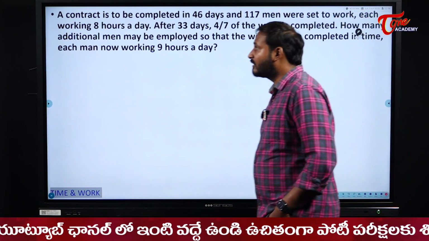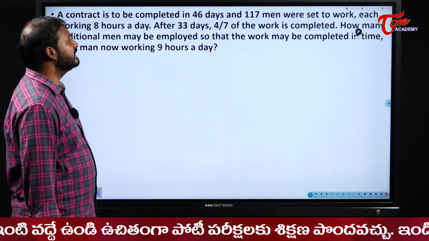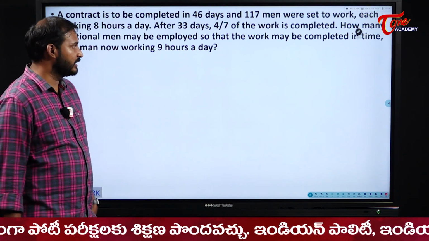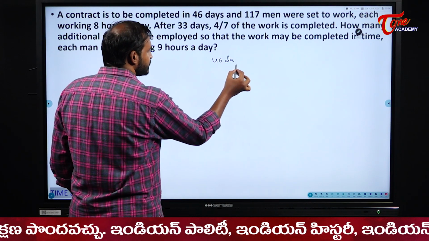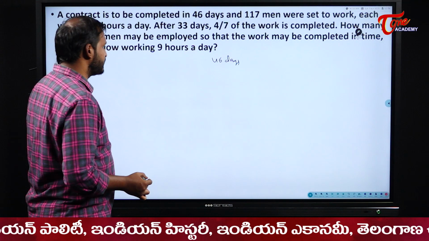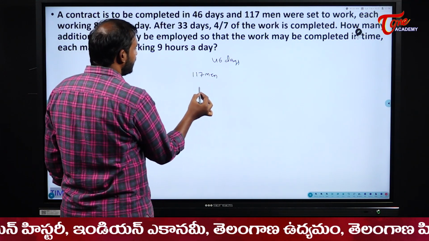Next one. A contract is to be completed in 46 days and 117 men were set to work. The total contract should be done in 46 days, students. 117 men were set to work, each working 8 hours a day.